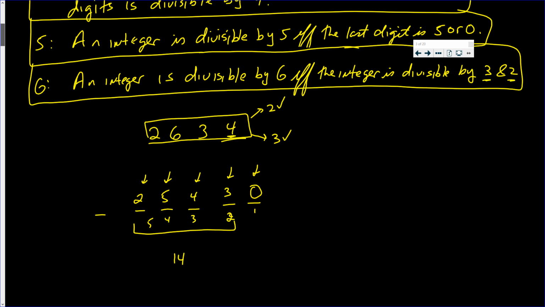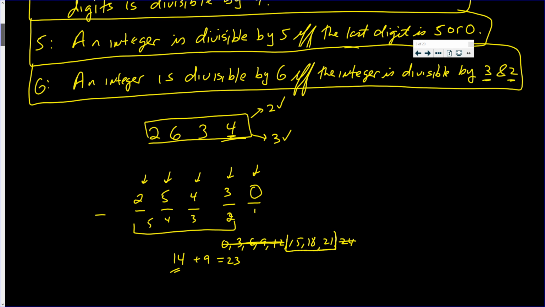Now remember, multiples of 3 are 3, 6, 9, 12, 15, 18, 21, 24. Well, we can't have them add up to these numbers because they already add up to 14. And if you're at 14, the most you can add for one more digit is 9. So we can't be 24.